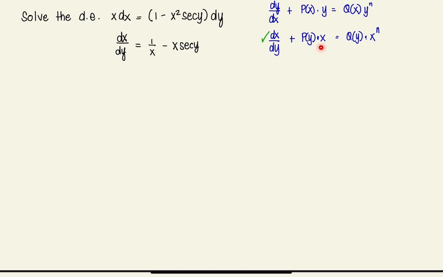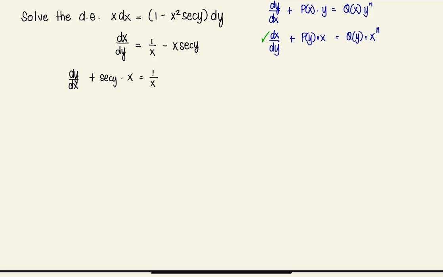The second term here is p of y, a function of y, and then we have x here. So we can transfer this to the left side. Rewriting that, we have dx/dy plus secant y x equals 1 over x.